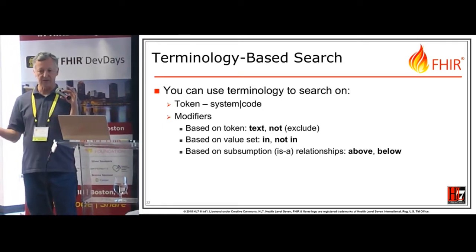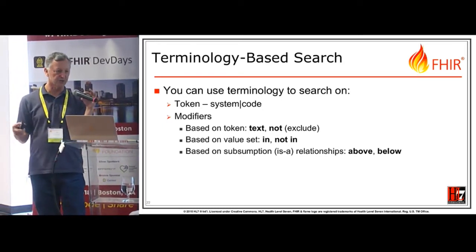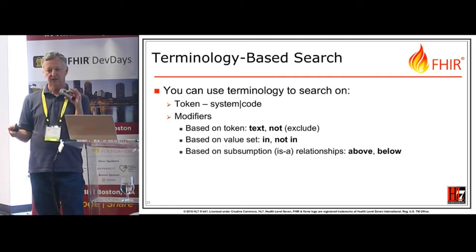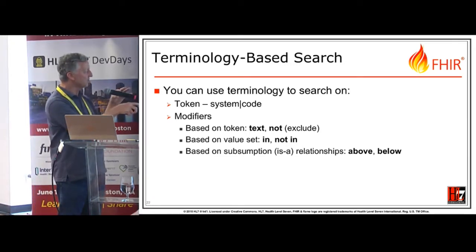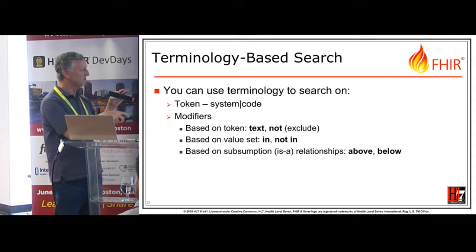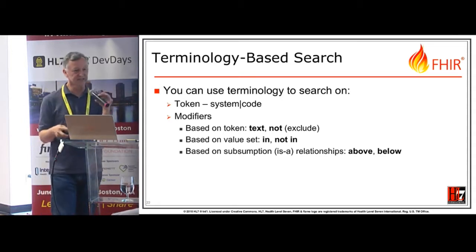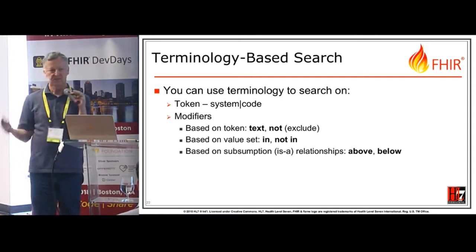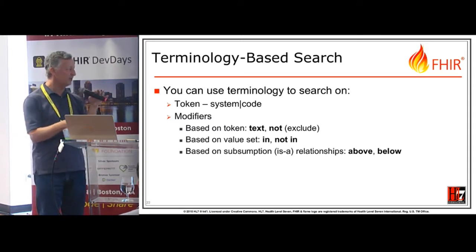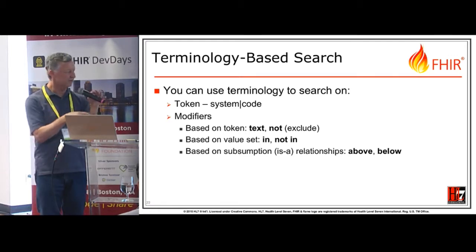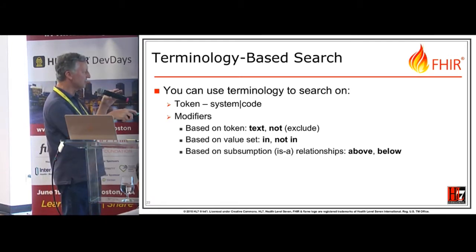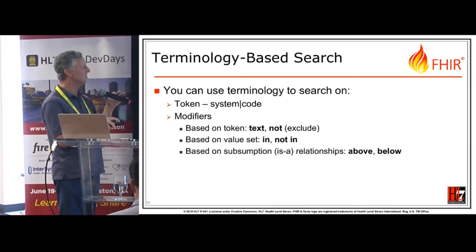So if you're searching for, say, all observations with a particular LOINC code, and you know the LOINC code, then you can be really specific and say it here. If you just kind of know what it is, and I want all codes for sodium or something like that, you can do that using text and hopefully find all those observations that way. Or you can say, I don't want those, and you can use not to do that.